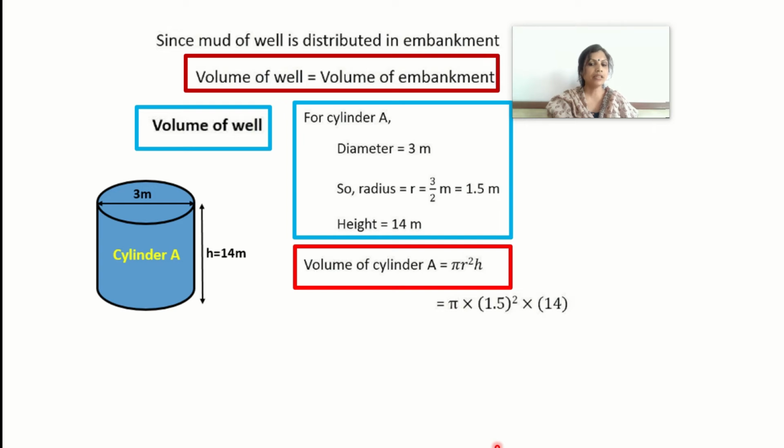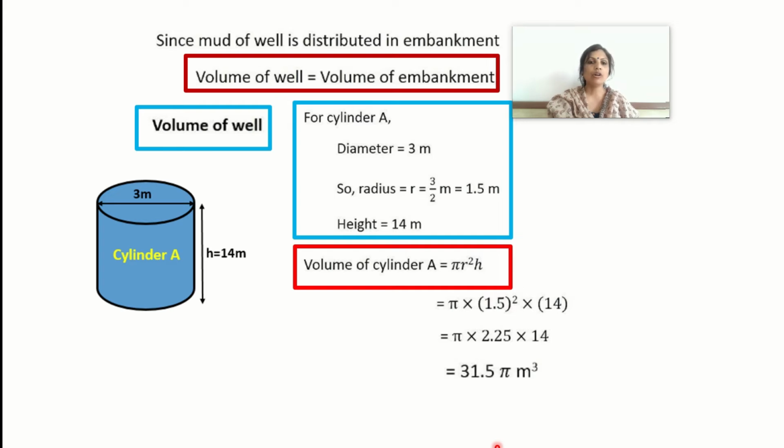Let's simplify this. Pi into 15 square is 225. Since it is 1.5 the whole square, we'll get the value as 2.25 into 14 is the height. So we get 31.5 pi meter cube. We have kept pi as it is for the sake of convenience in calculations.